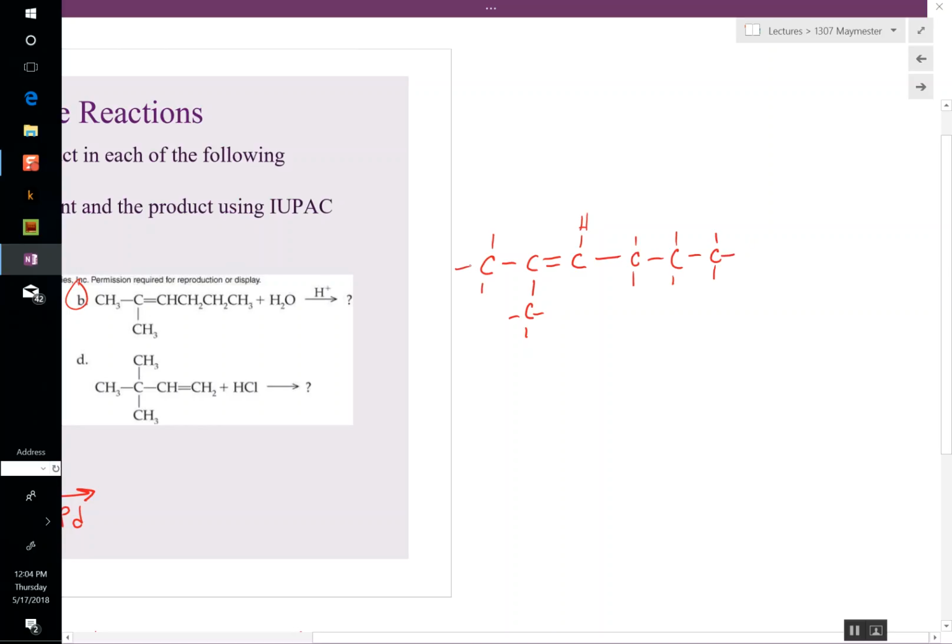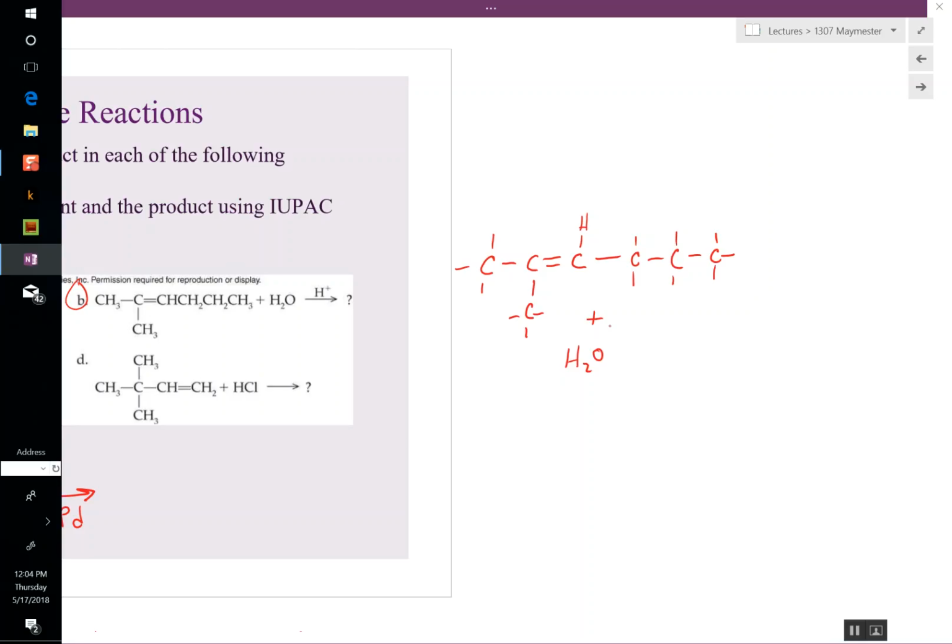Okay, all of those lines are hydrogens, and we're going to add water to this molecule. So what product are we going to get?